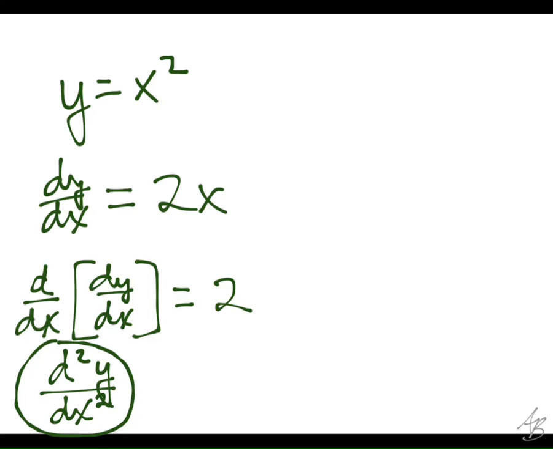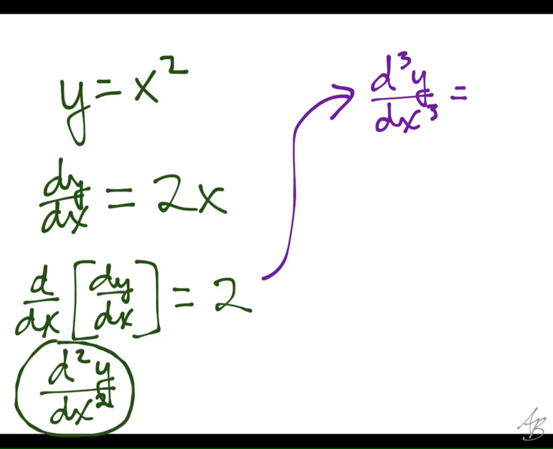So the second derivative means the derivative of the first derivative. We could take a third derivative here, and what would be the notation for that? D cubed y over dx cubed. And what would that be for this example? 0. And we could take the nth derivative, and that would look like this.